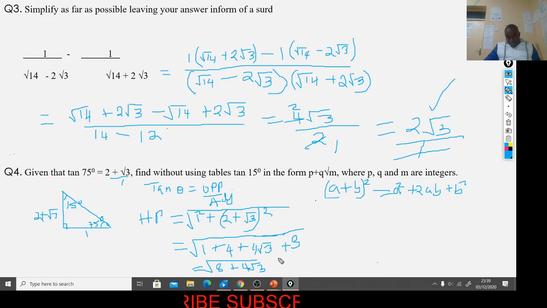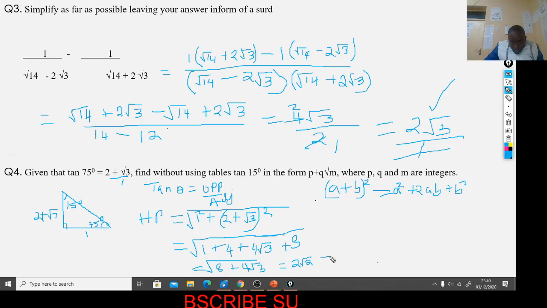So if I separate this, it gives you the root of 8. Root of 8, I can write 8 as 4 times 2, and the square root of 4 is 2, so it will be 2 root 2.